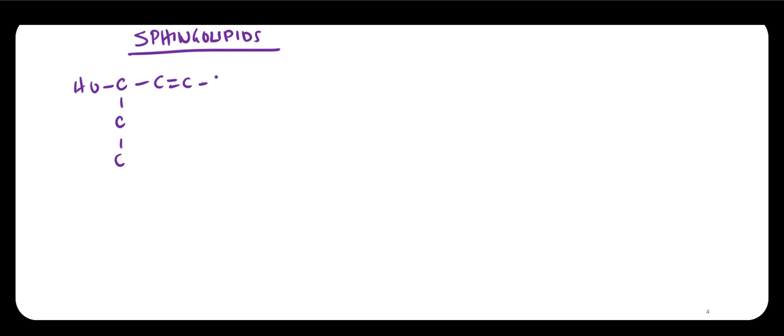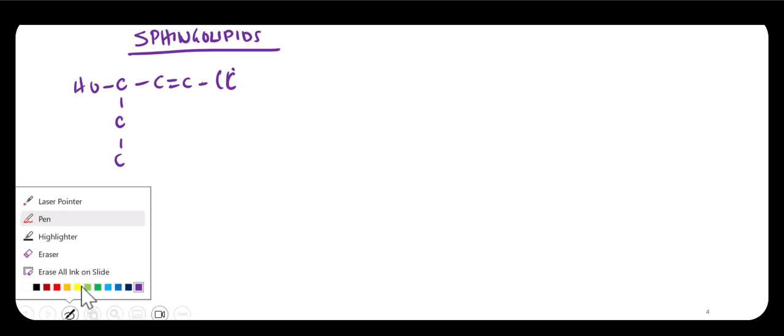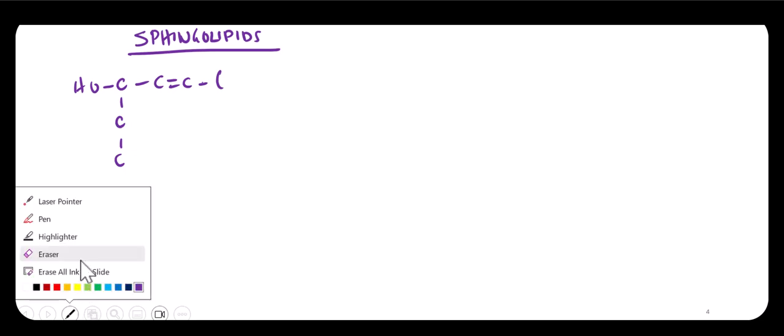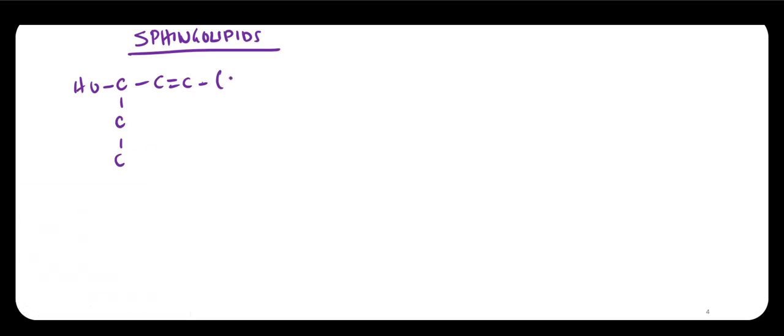Then we have 12 carbons, all with hydrogens on them, then a methyl group on the end. And we can show our other hydrogens where they attach.